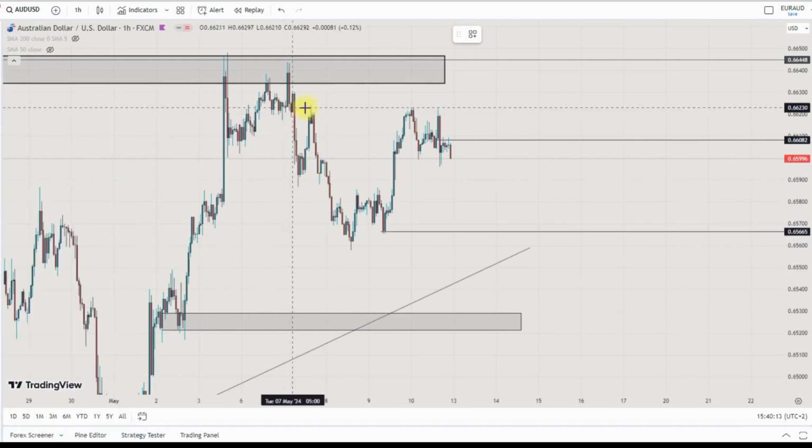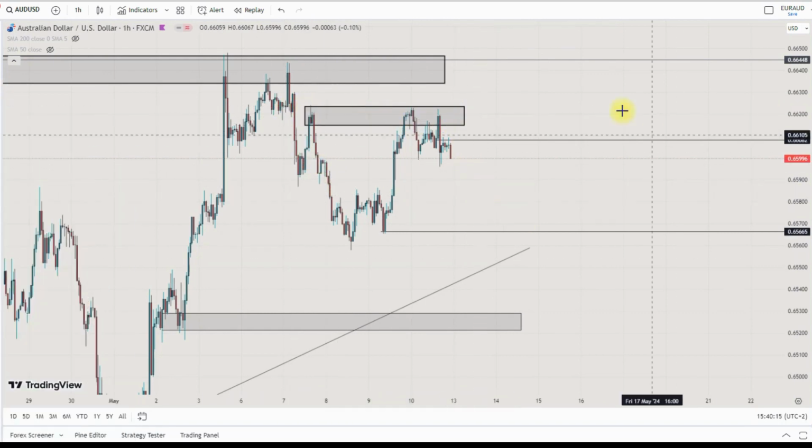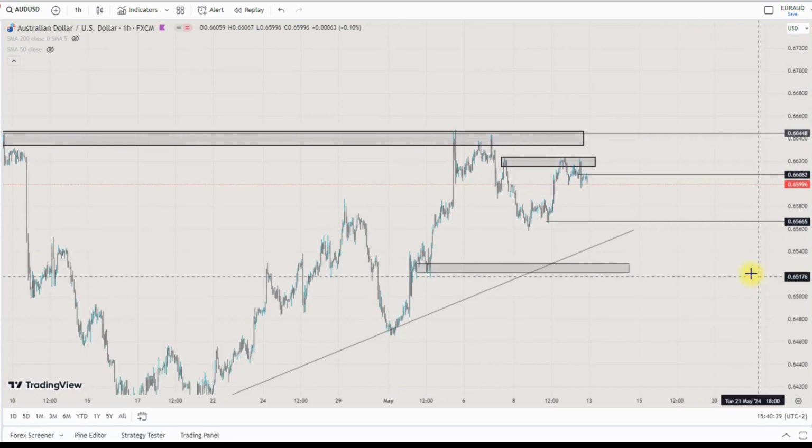As you can see, price rejected this level, and this didn't break above this particular area, which makes it create what we call a double top, and then we should anticipate price to move to the downside back to 0.65665, and this particular area, which is a support level in my own opinion, right here.